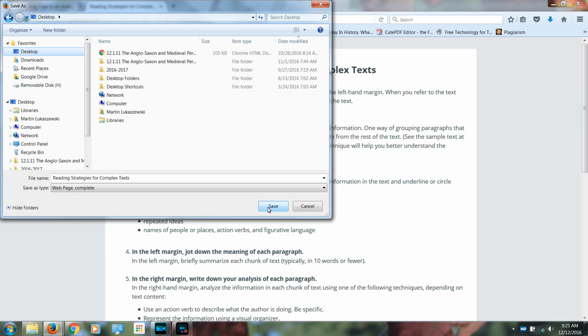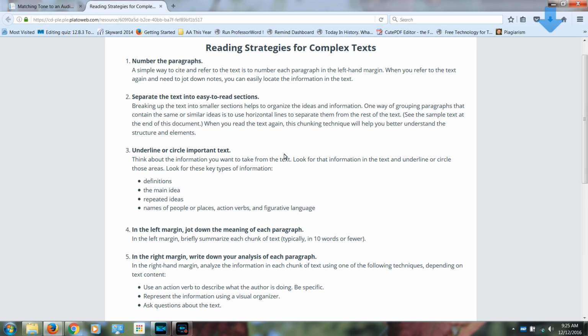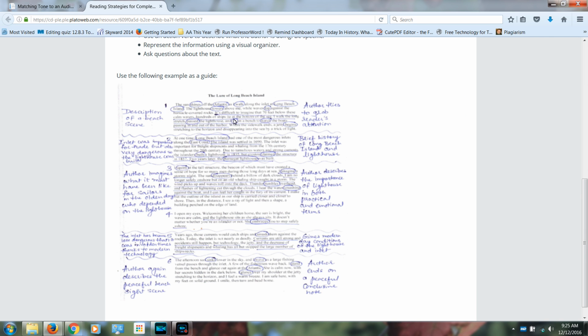Okay, so I would read through this. This is very good. A lot of times if you can take a text and print it out, and then you can write, notice this example that they're using here. They're getting all the information out. Very important.